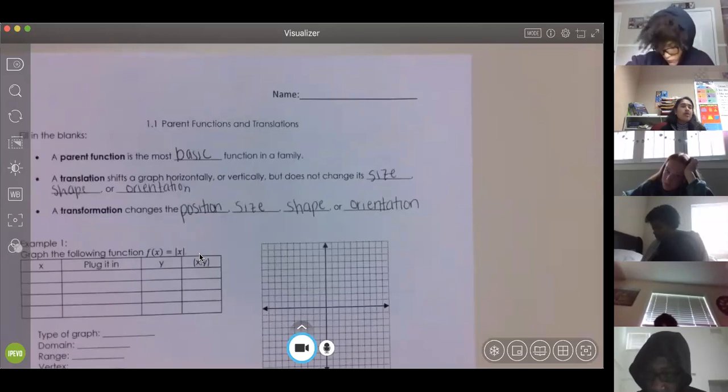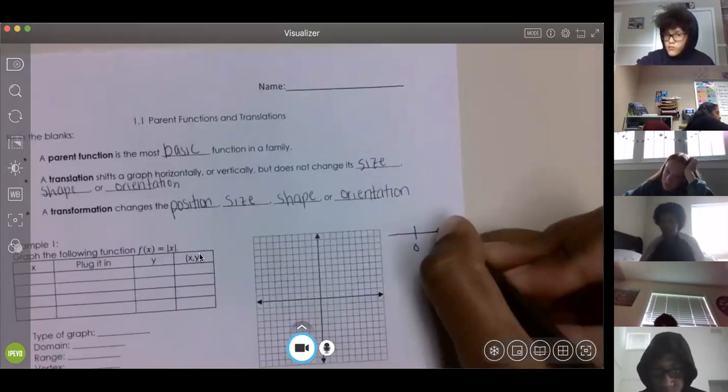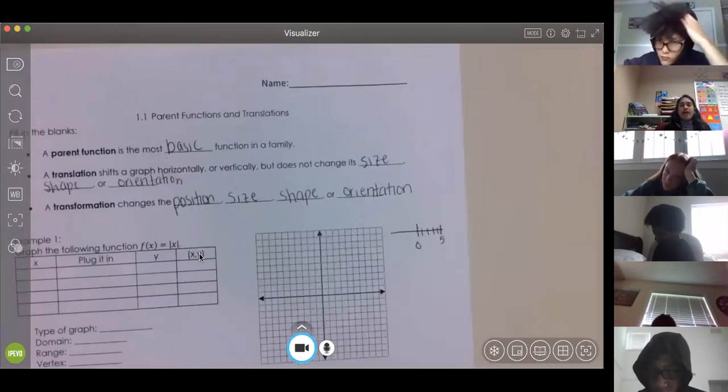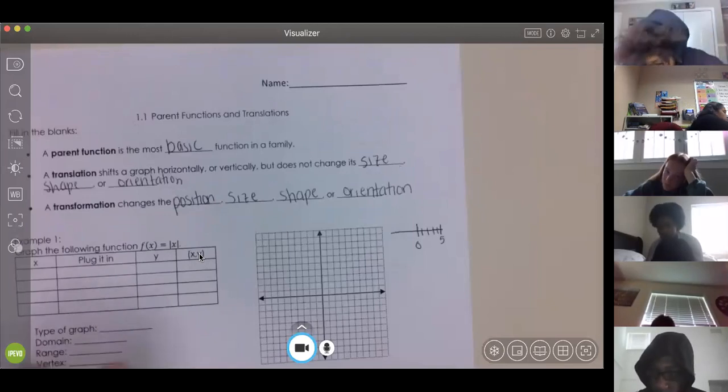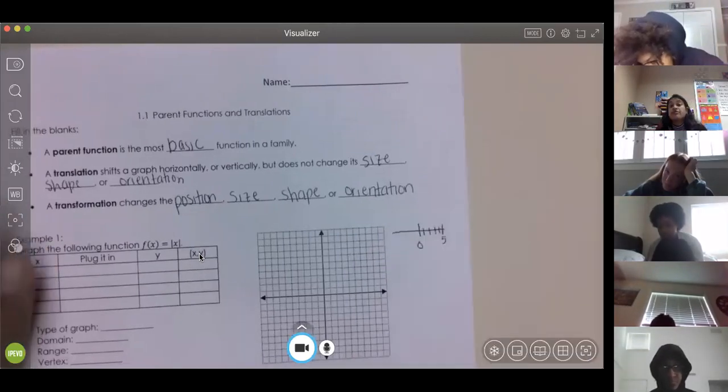If you think about a number line, for example, 0 is in the middle. Let's say we're talking about 5. If I asked you what the absolute value of 5 was, you would count how many spaces away 5 is from 0. So it's 1, 2, 3, 4, 5 spaces away from 0 on a number line.